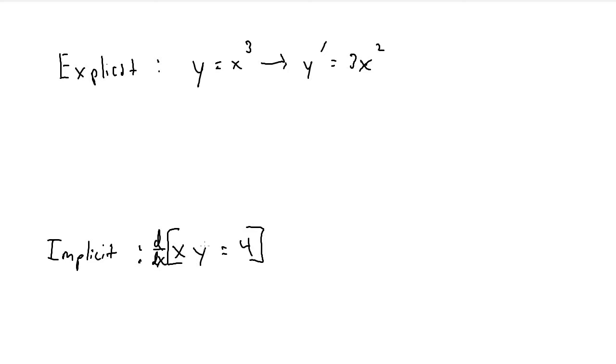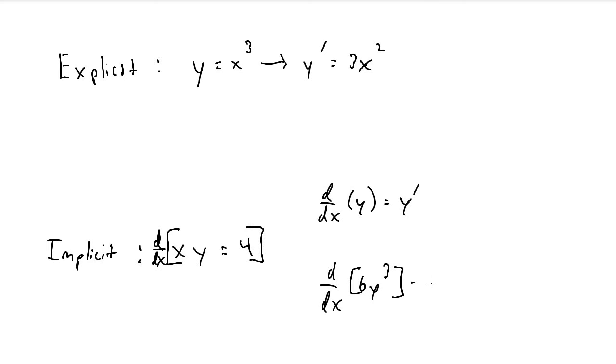And keep in mind that every time you derive y, the derivative of y is just y prime. So every time you derive y, you have to multiply by y prime. Let's say we're trying to take the derivative of 6y cubed.